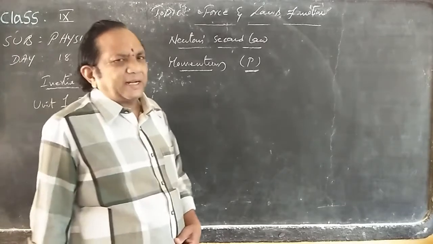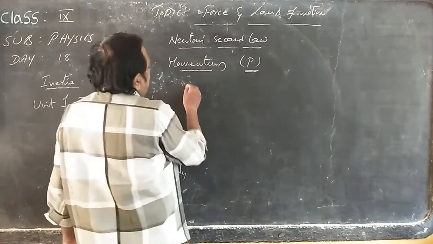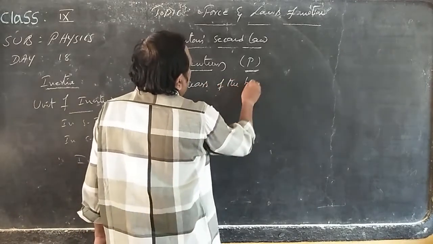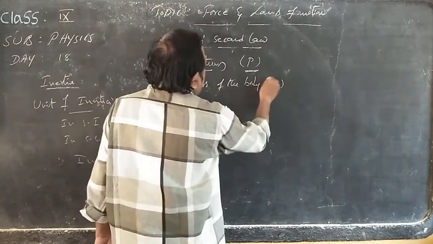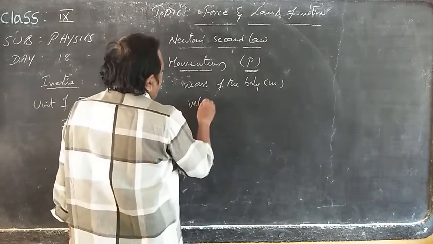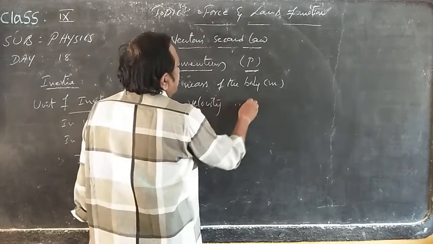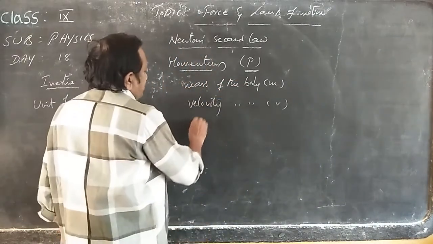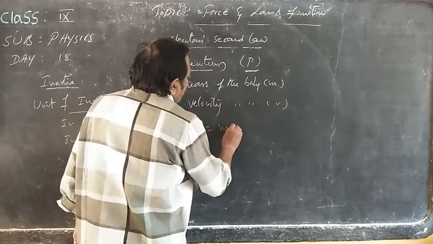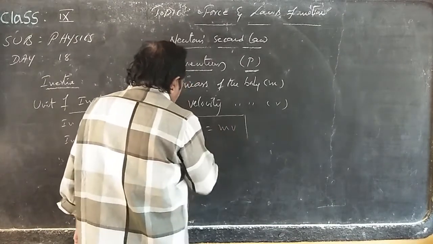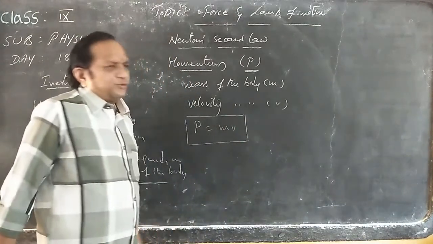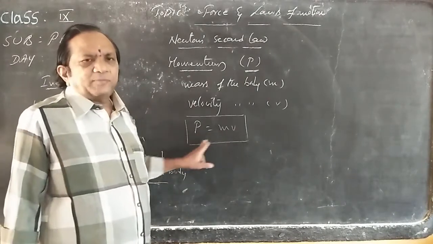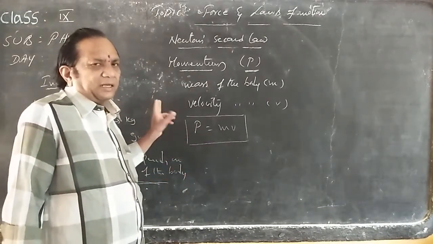Now momentum is simply defined as the product of mass and velocity of the body. So momentum depends upon mass and velocity. Mass of the body, that is m, and velocity of the body, that is v. The product of this mass and velocity is said to be momentum. Very important to remember: momentum P is equal to m into v, the product of mass into velocity. Second law has important applications.